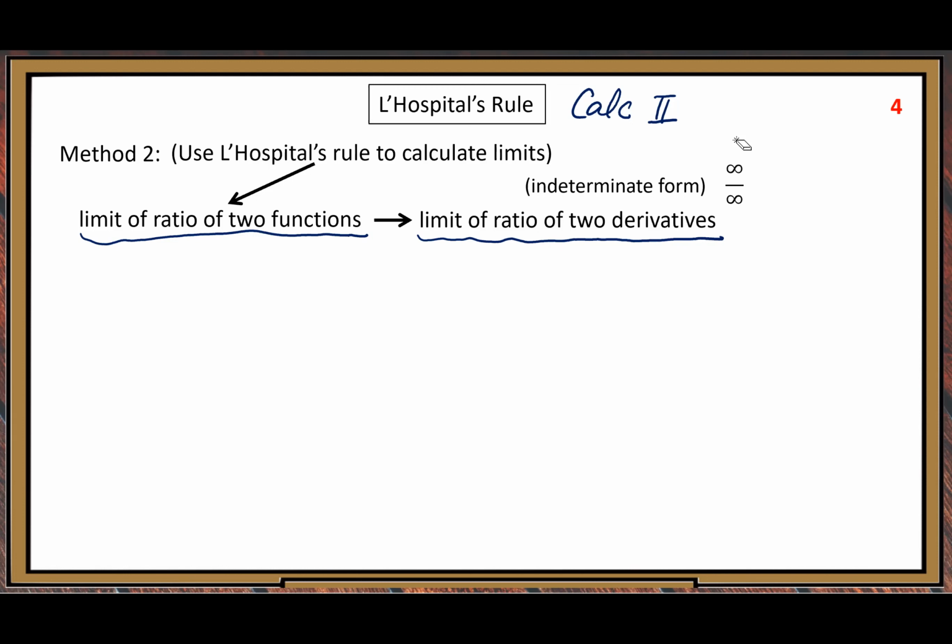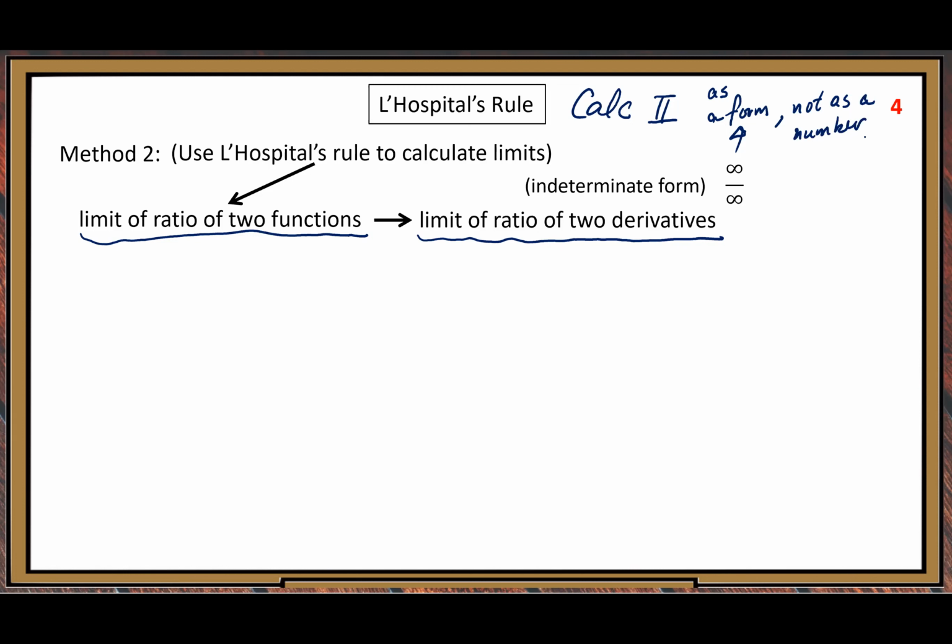Infinity over infinity is the first indeterminate form, because that cannot be determined; it could be anything. Do not treat it as real infinity over real infinity. Here we look at it as a form, not as a number.